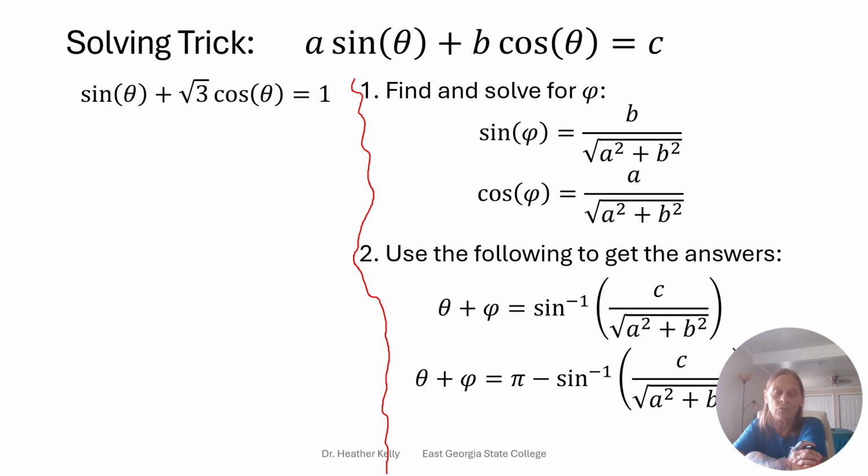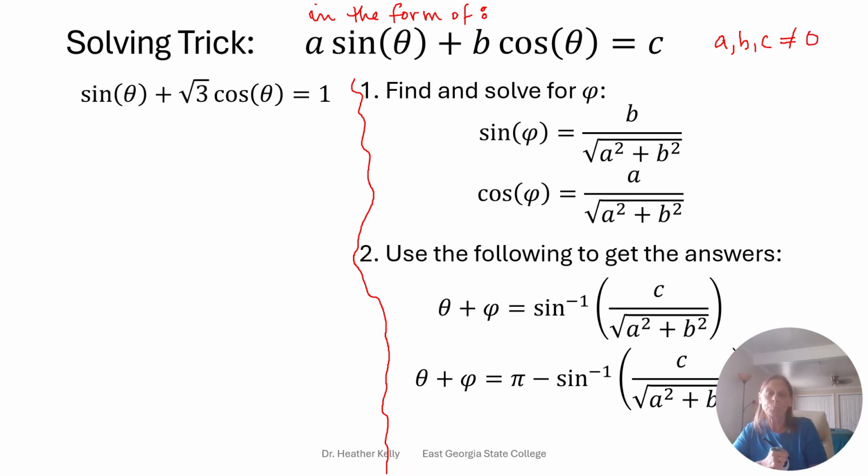So let's take a look at this. For this one, the trick is it has to be in the form A sine theta plus B cosine theta equals C, where A, B, and C are not equal to 0.